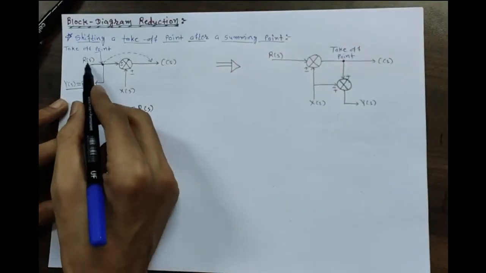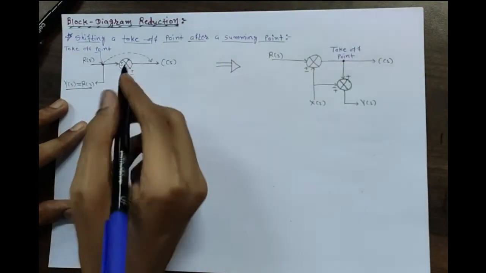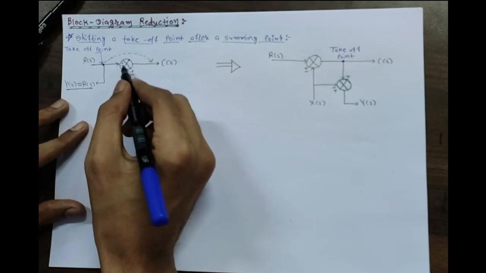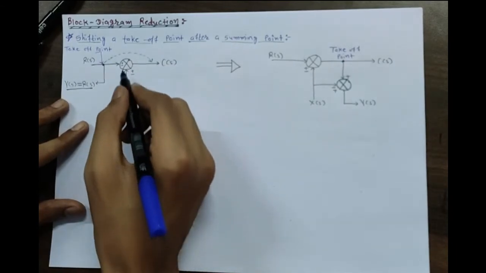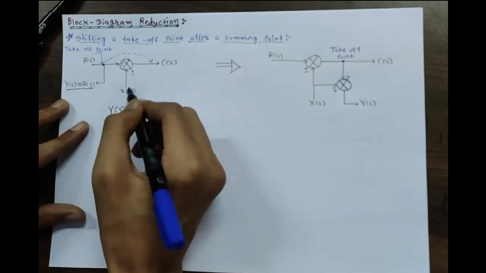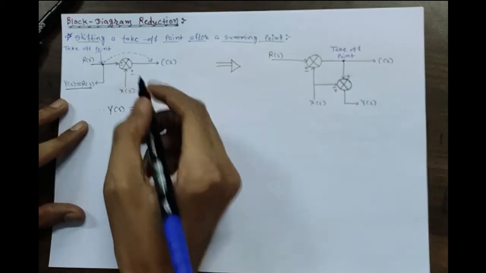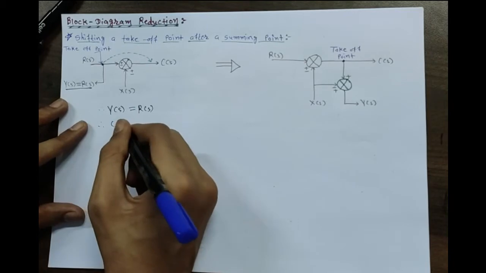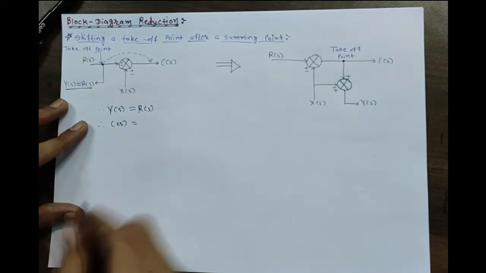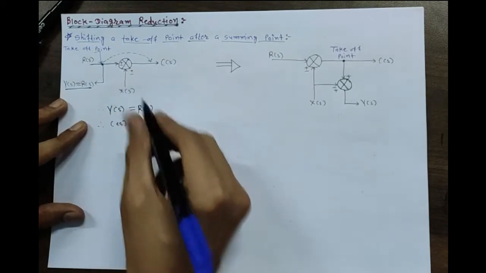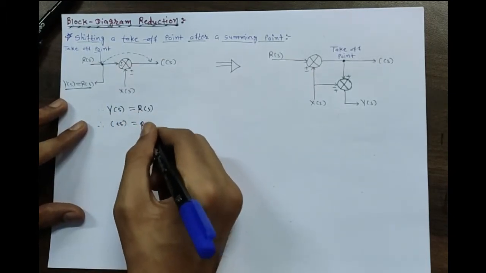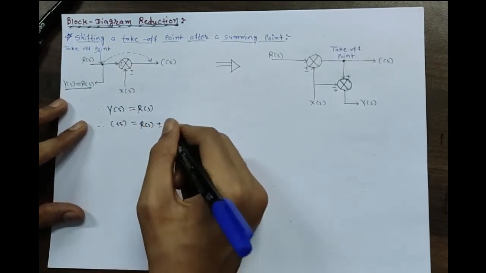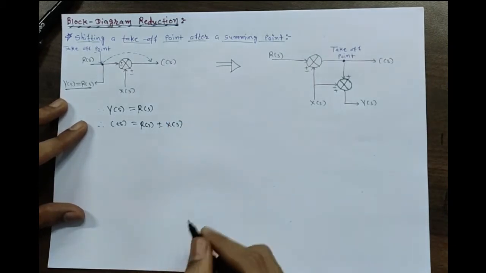Okay, so this signal is applied to the summing point. Here it is plus or minus. Another signal is applied to this summing point, that is x of s, and the sign is plus or minus. So if you want to find the total c of s, that can be written as the sum of r of s plus or minus x of s.